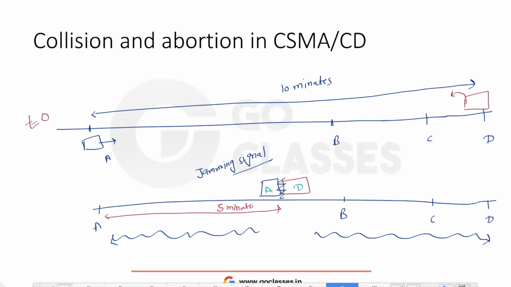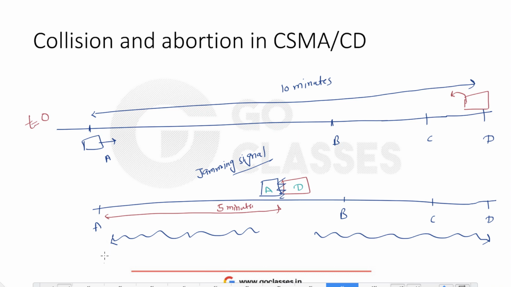But the bigger question is, does A know that there is a collision? Since the collision signal has not reached A yet, A will not know. A will get to know only when the collision signal reaches A, right?